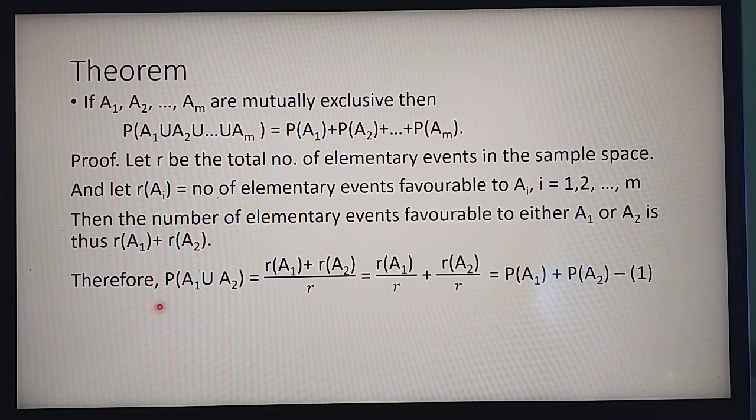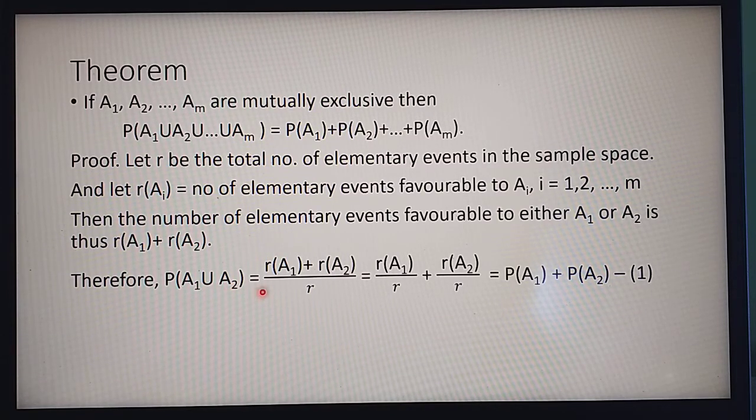Now, the probability of A1 union A2, by definition, will be R(A1) plus R(A2), divided by R. What is this? As I said in the beginning, the probability of A1 union A2 means the probability of at least one of these two events occurring, either A1 or A2.